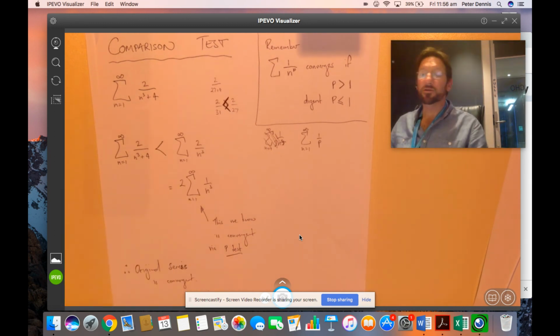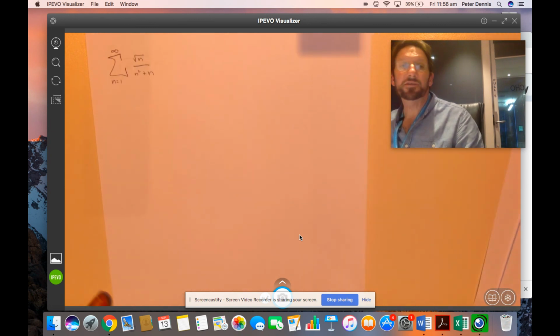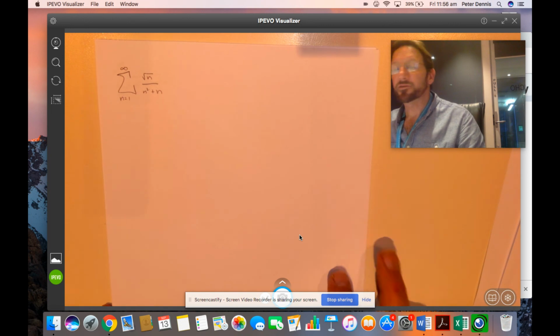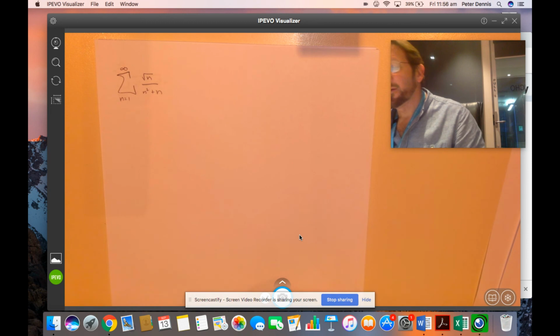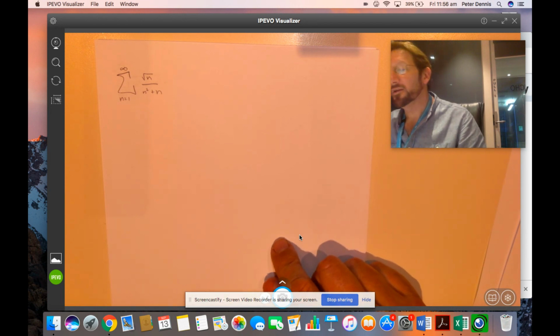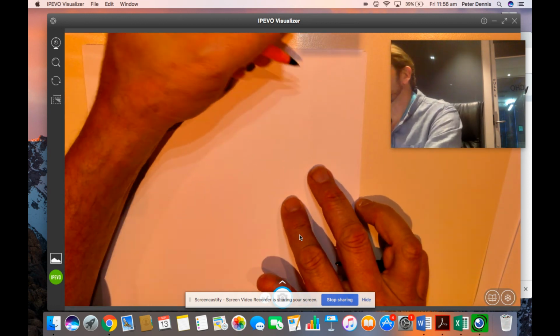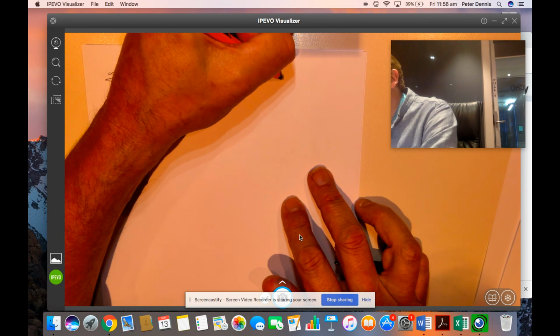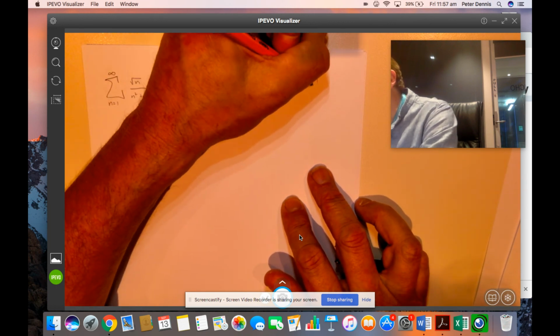So as I said, that was a fairly simple one to start with. This is fairly similar: the sum of n equals 1 to infinity of the square root of n over n squared plus n. We're going to use exactly the same thing. We know that 1 over 11 is less than 1 over 10.